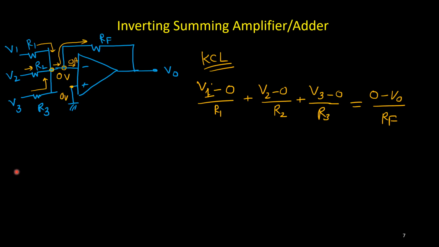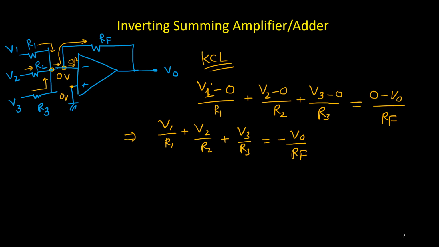That's simple. Okay. So if you simplify, what you will get? V1 upon R1 plus V2 upon R2 plus V3 upon R3 equal to minus V0 upon RF.